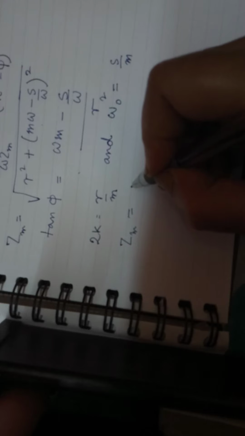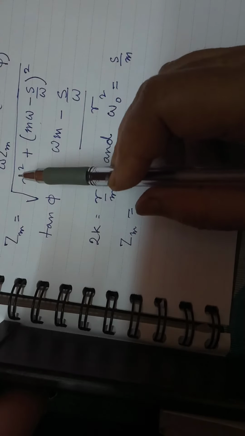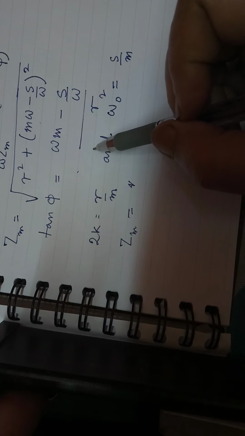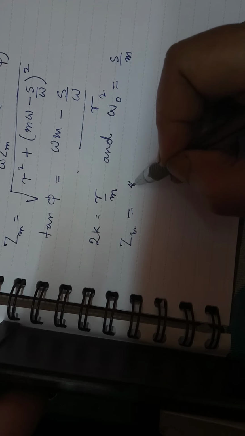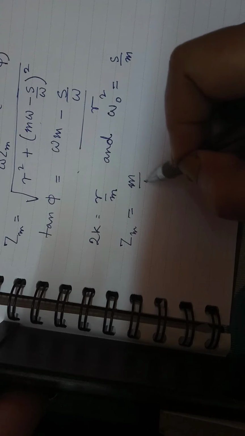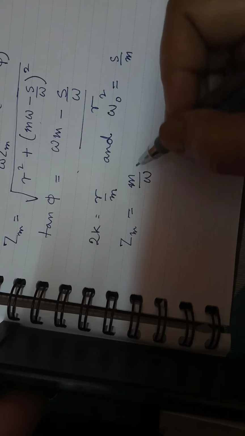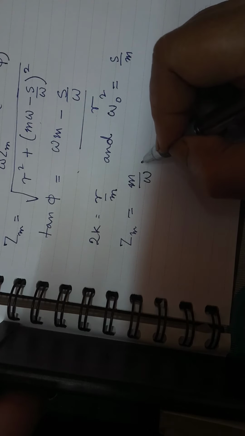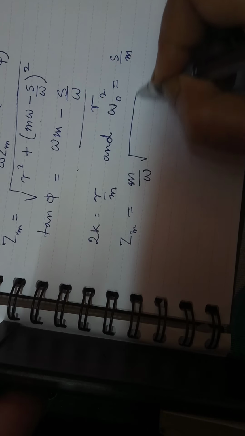What do we get for Zm? If you just make the substitution, R is equal to 2km, so R square is equal to 4k square m square. If you bring out the m by omega factor, so I'm not doing it step by step, you just try it out, otherwise already 10 minutes have gone.